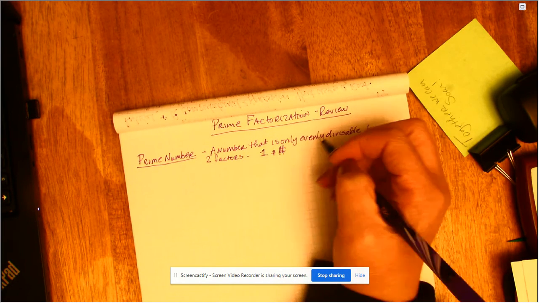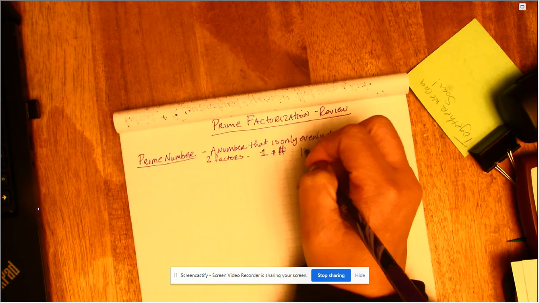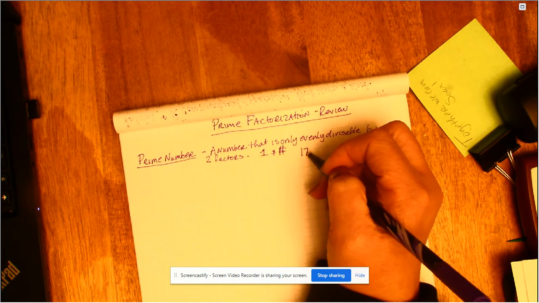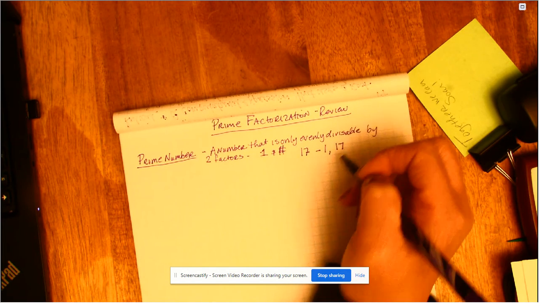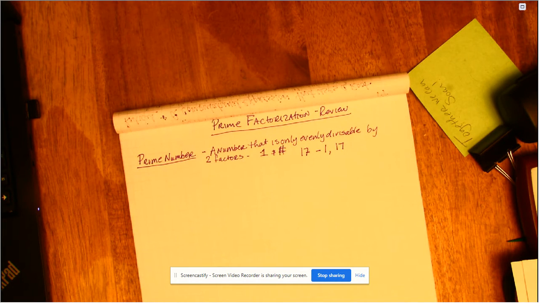So an example of this would be 17. The only numbers that go evenly into 17 would be 1 and 17. 1 goes into 17 17 times, and 17 goes into 17 one time.